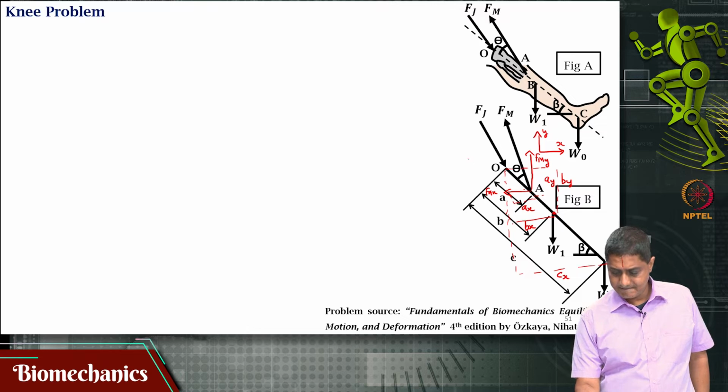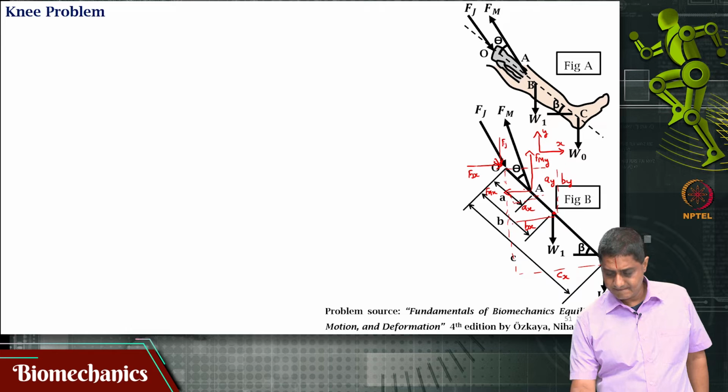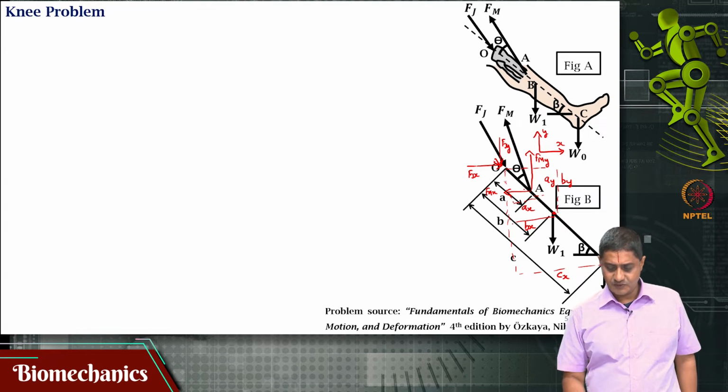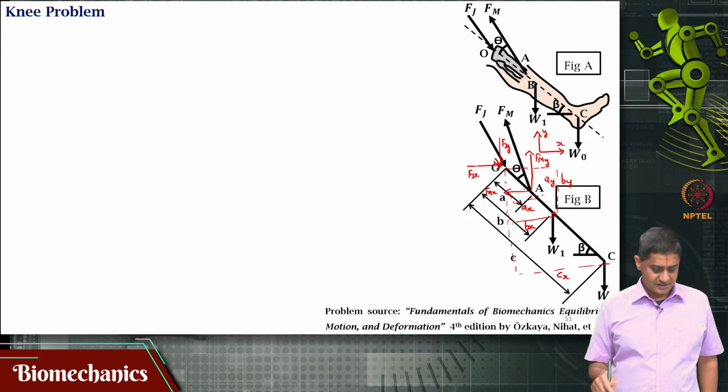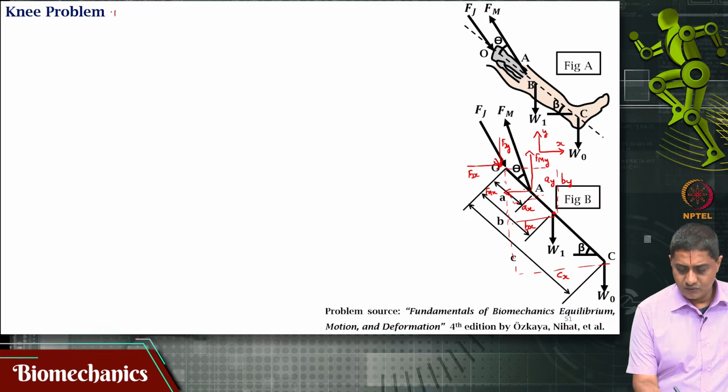Likewise, Fj will have two components. Its horizontal component is Fjx, and its vertical component is Fjy, acting in this direction as shown.